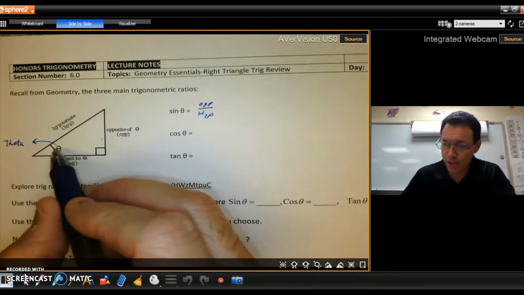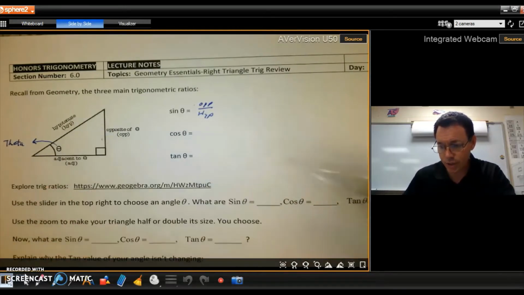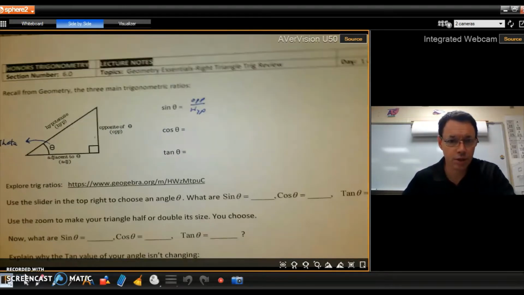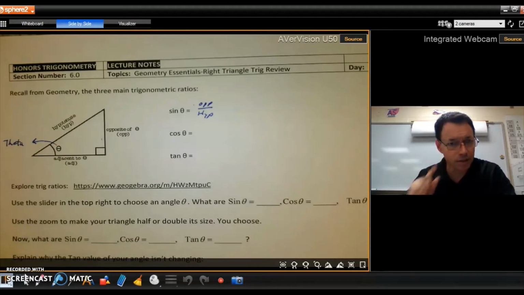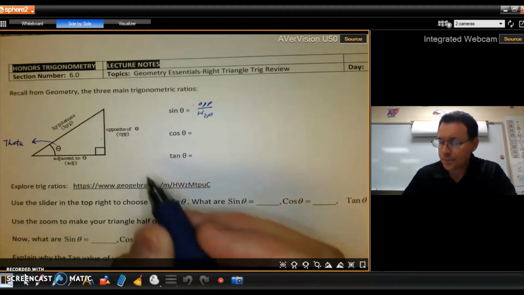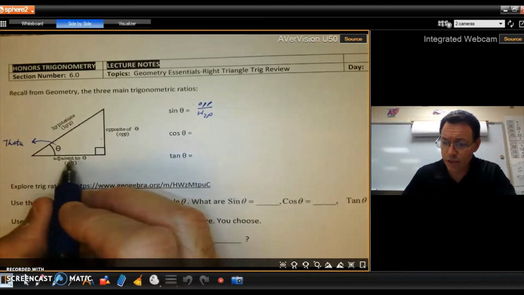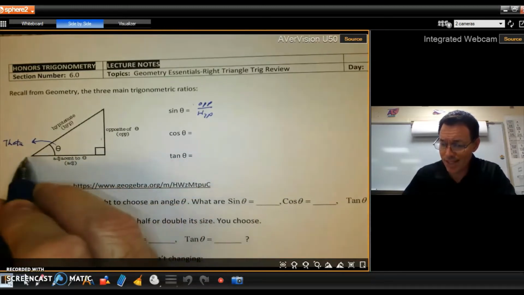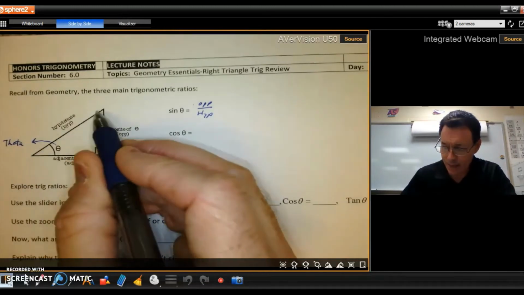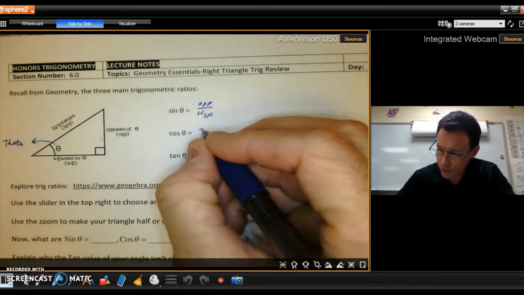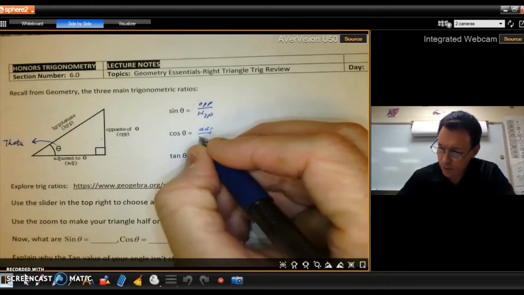As this angle changes, this ratio is going to change, okay? And that's something you're gonna discover and look at a little bit later. The cosine of an angle is just the relationship between this adjacent side, this length, and the hypotenuse. So adjacent over hypotenuse.